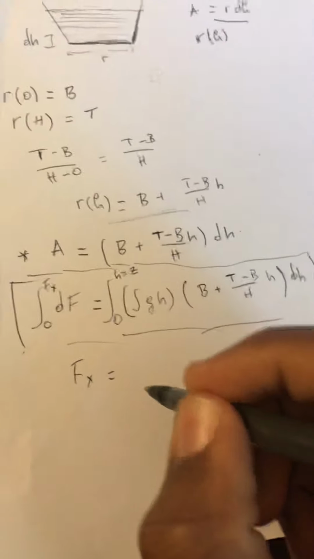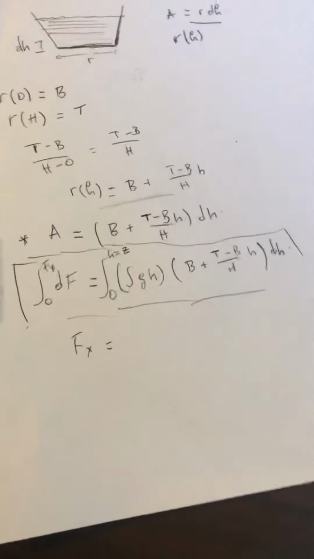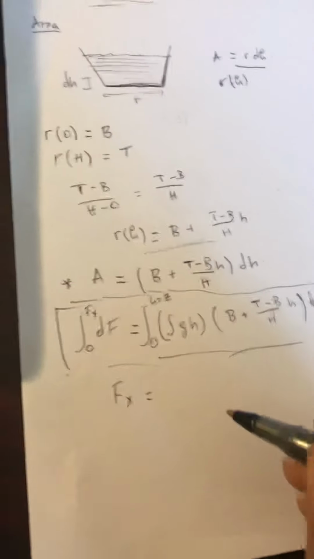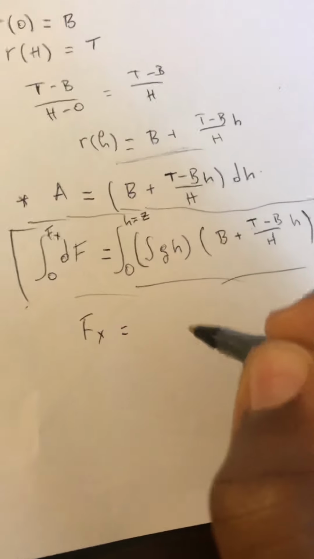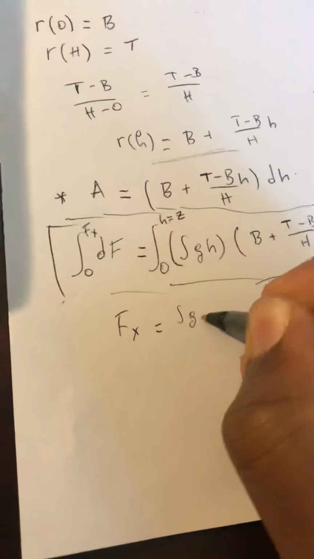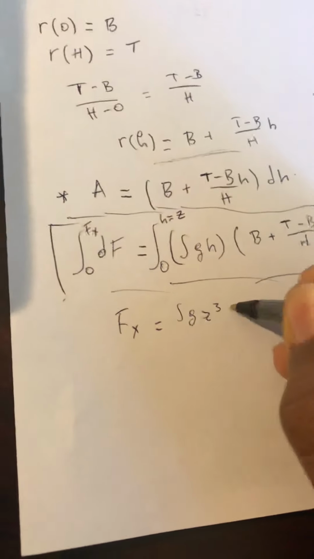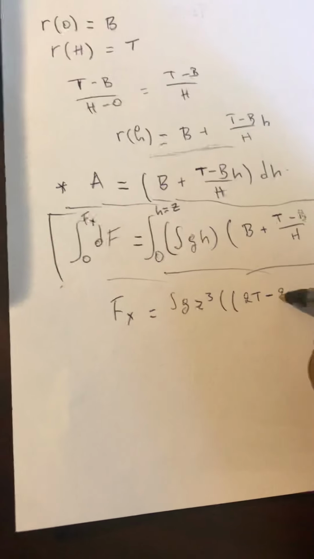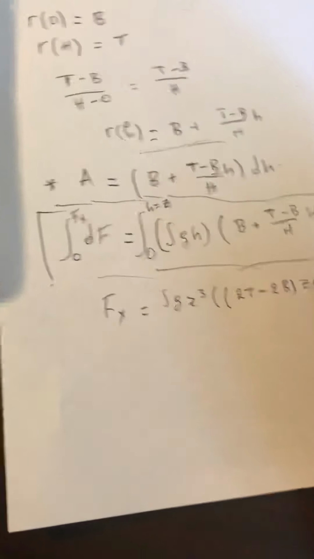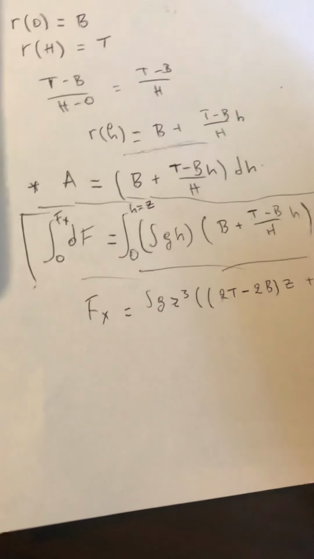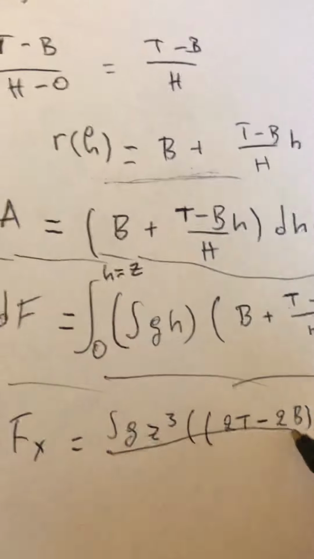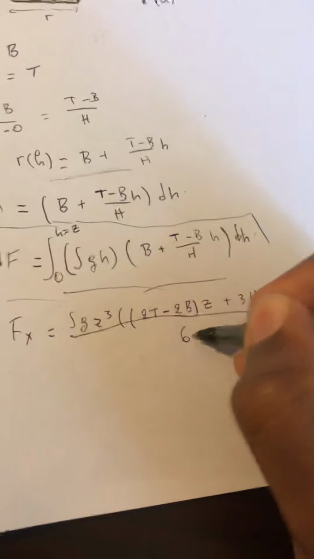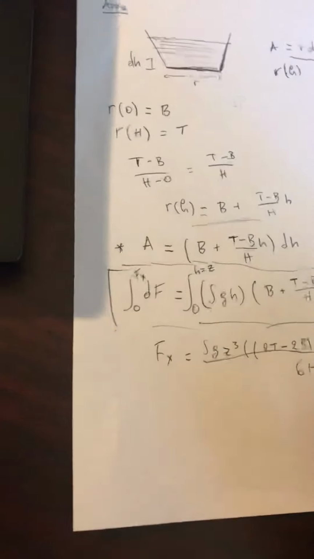And then once we solve this, we find out that F(x), the total horizontal force exerted by the water on the dam, is equal to rho g z cubed times 2T minus 2B times z plus 3H B, and this whole thing all over 6H.